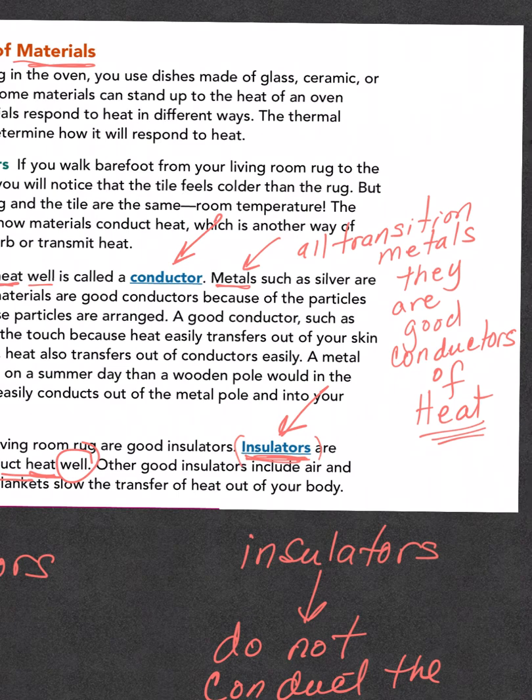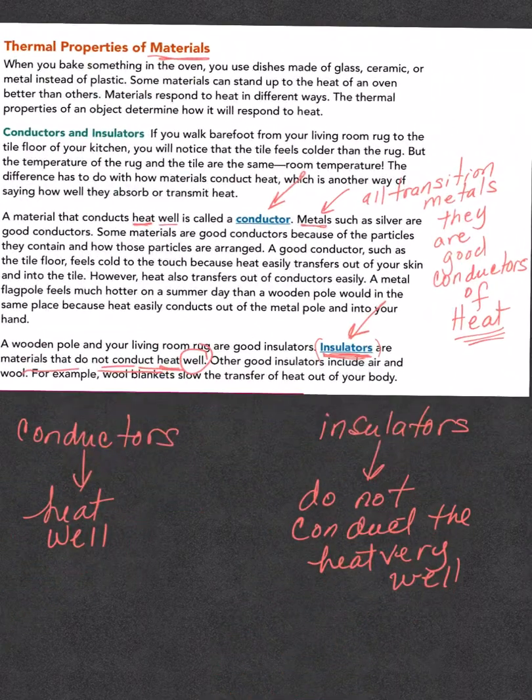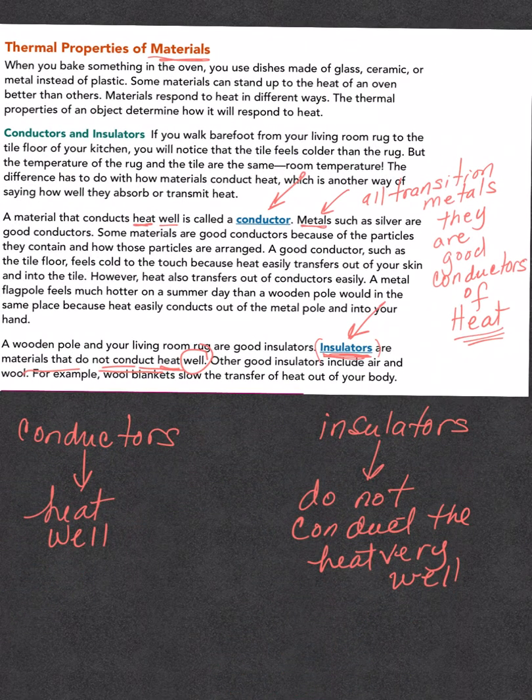And many of the non-metals in the periodic table are good insulators because they are not good conductors of the heat. Okay, so I'm going to repeat that one more time because remember that you have to compare and contrast this. Conductors conduct the heat very well. An example that you have, metals, okay?